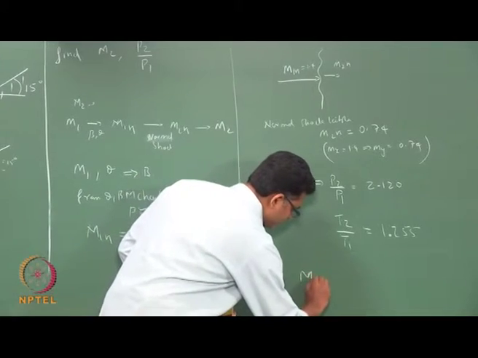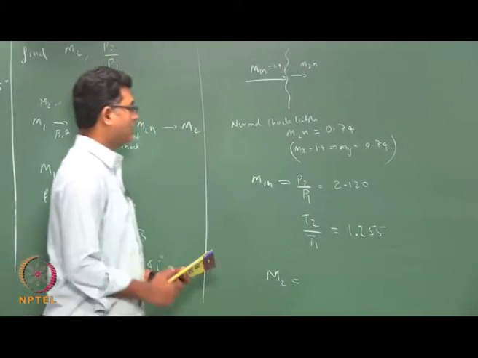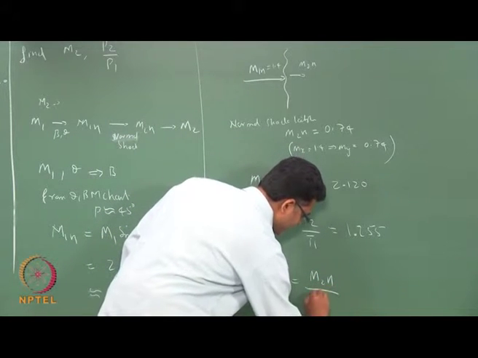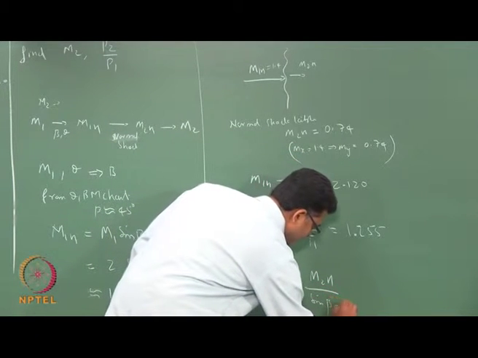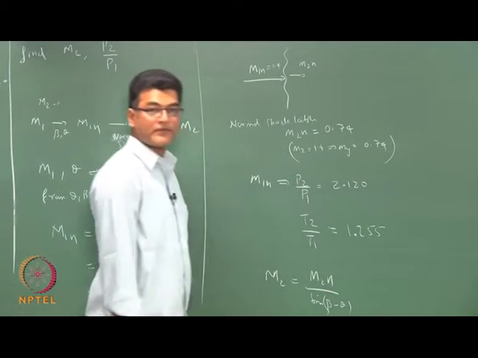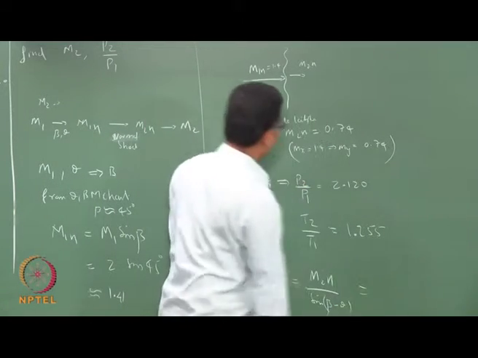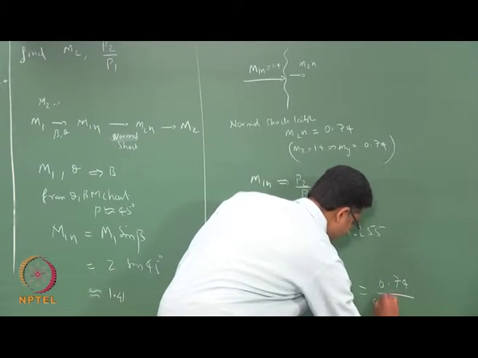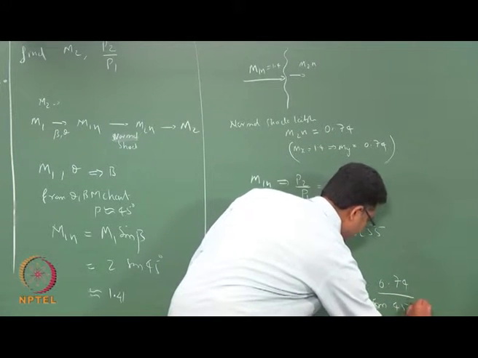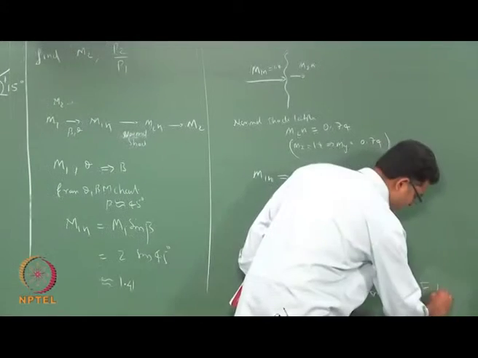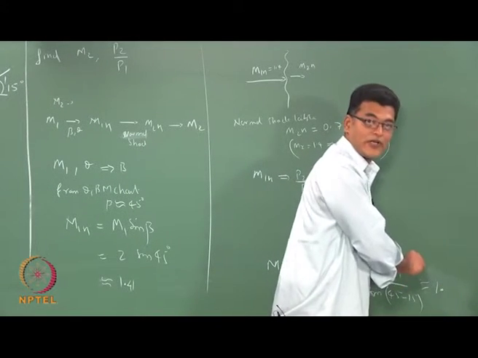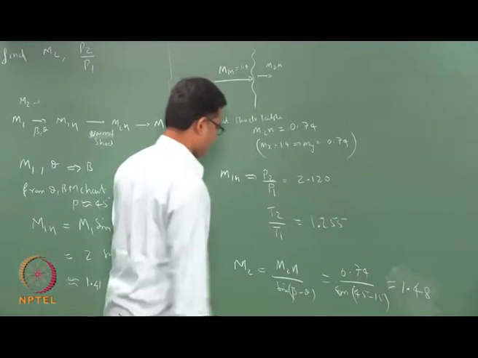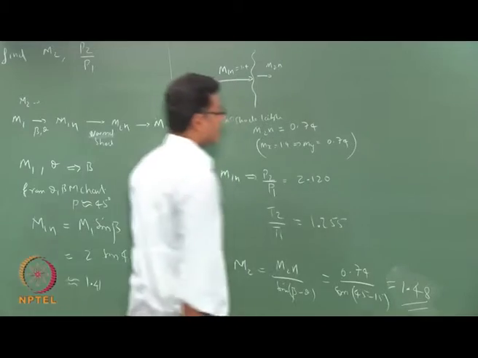And my M2 is M2n divided by sine of beta minus theta, which is 0.74 divided by sine of 45 minus 15, which gives 1.48. Okay.